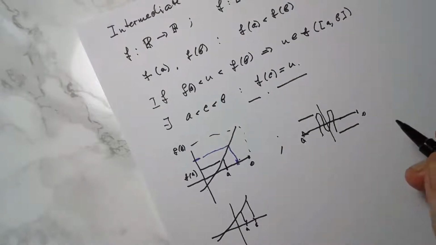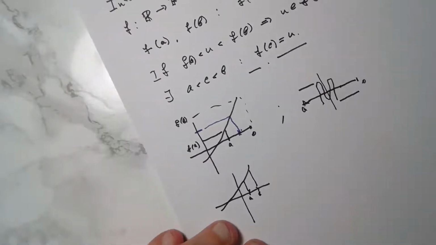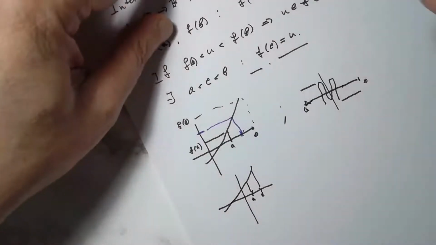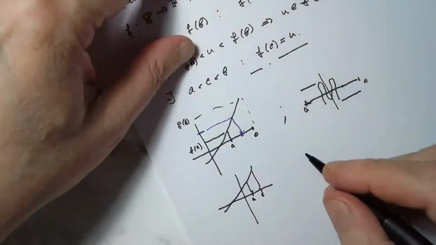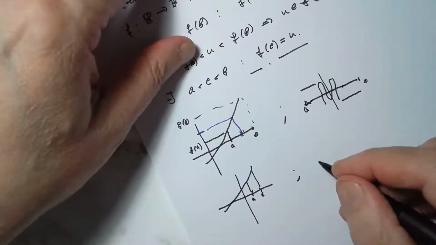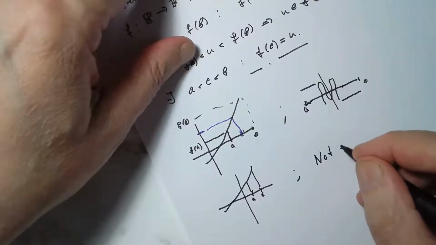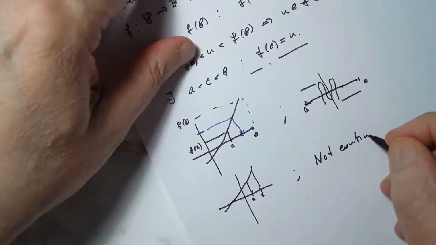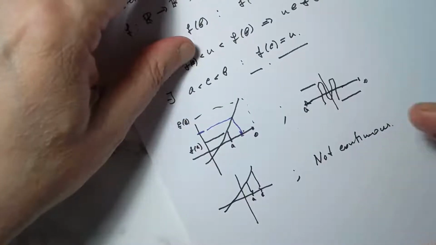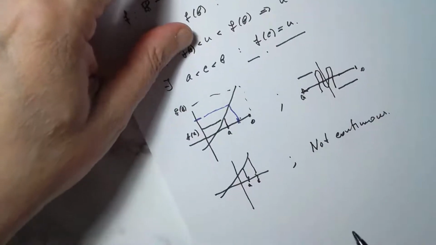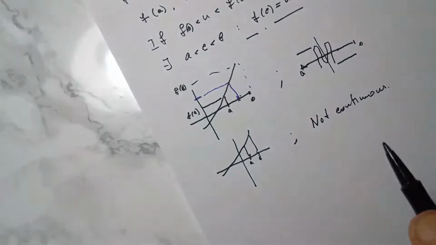Well, unfortunately, as mathematicians often do, there are counterexamples. There are functions which are obviously not continuous, and yet they satisfy this intermediate value theorem.